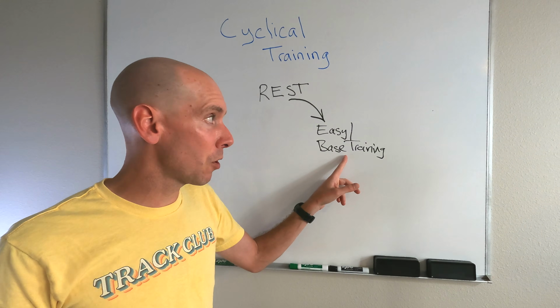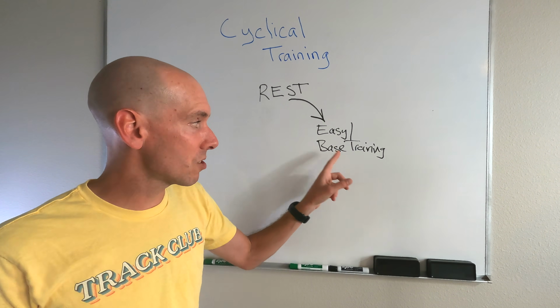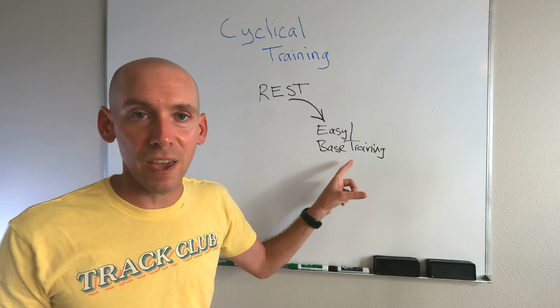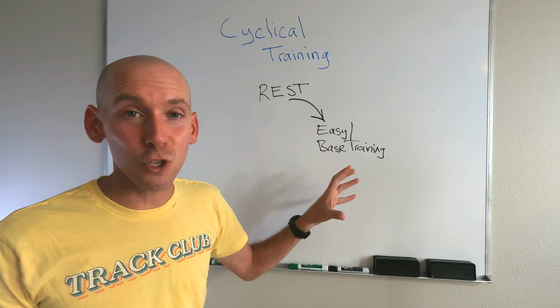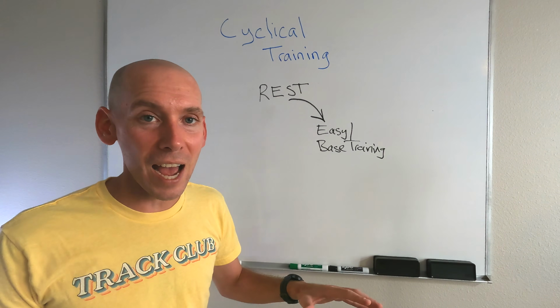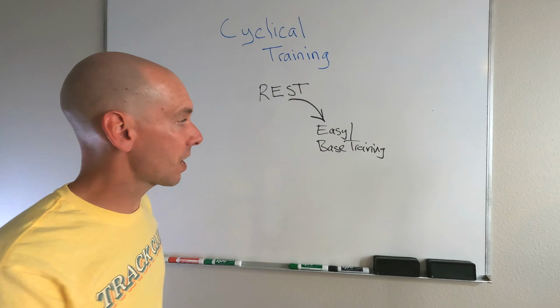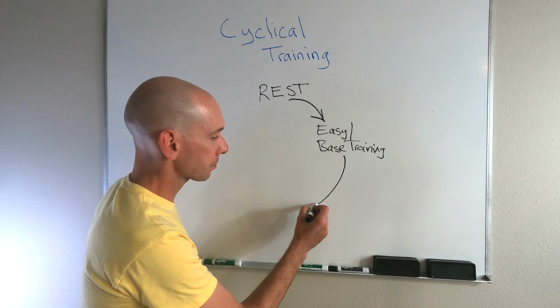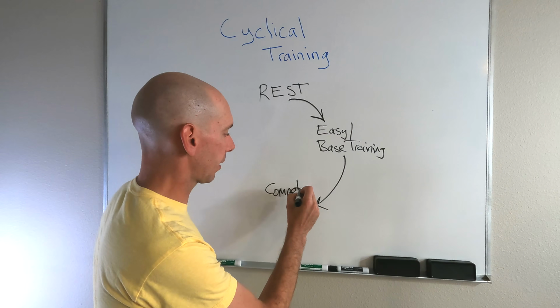And we also want to focus on gradually increasing the distance of our long run. This is our fundamental phase of training. We are working on the building blocks. We're not doing anything too intense, too fast, too hard. We're building the base. Our next phase of training is going to be the competition phase of training.